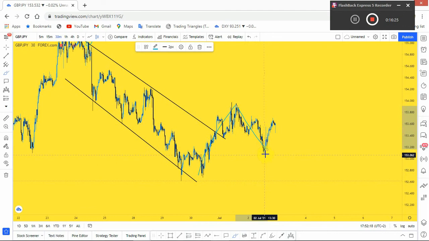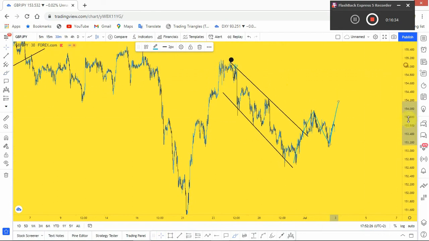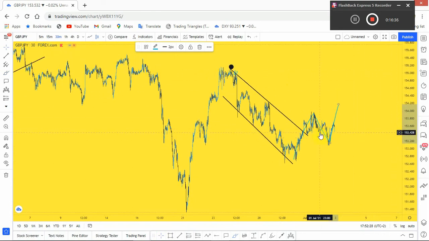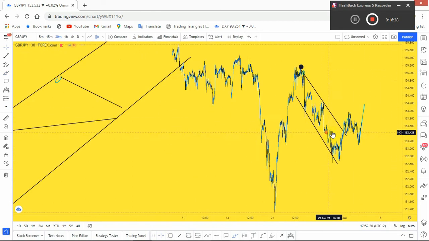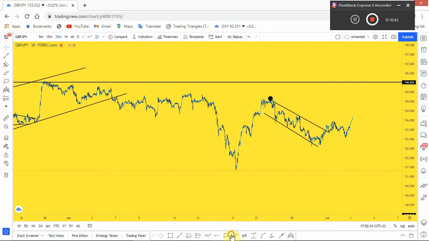This means that I'm expecting another impulse move. Guys, at Falcon, they emphasize patterns within patterns. Notice this. We have an overall impulse move correction, and we're expecting another impulse move.